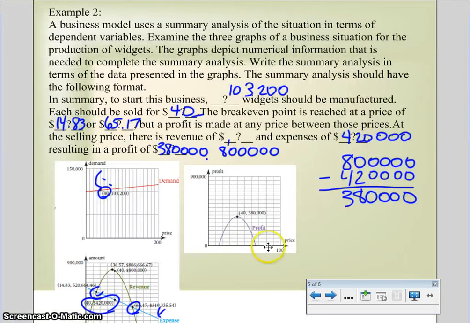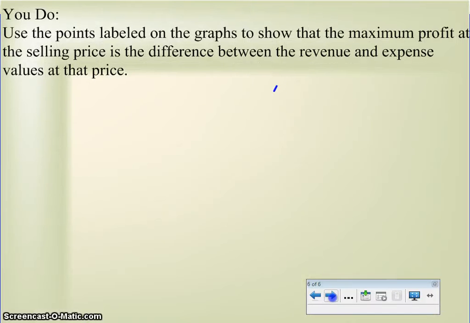So kind of glancing here, we've got our profit going on here, and the maximum point on the profit function is right here at the $380,000. That's our maximum profit, okay? So we're looking at the point of selling it at 40 apiece. Maximum profit is going to be the 380,000.